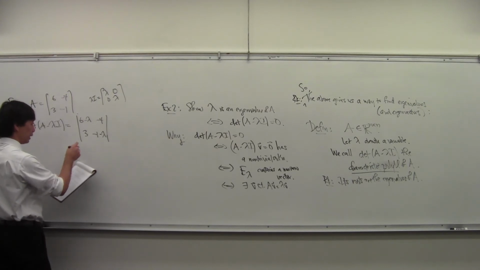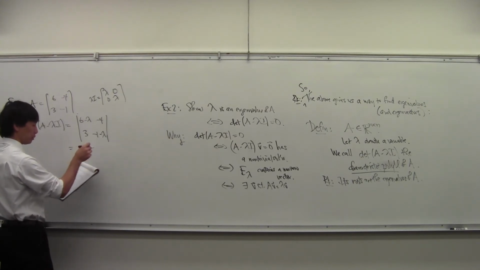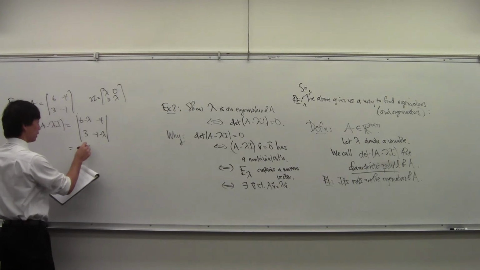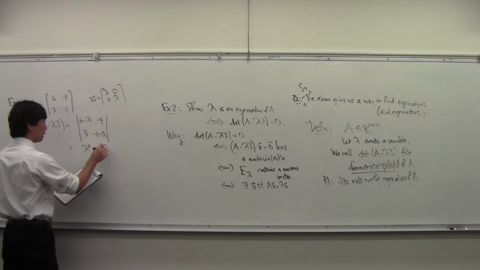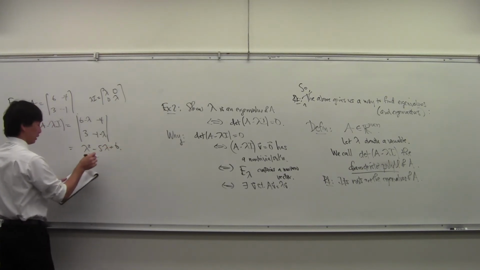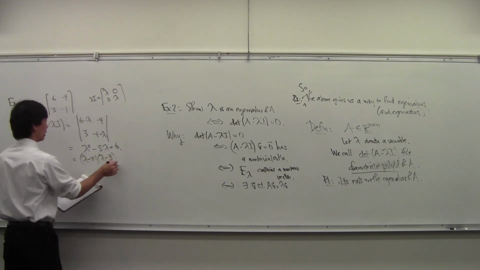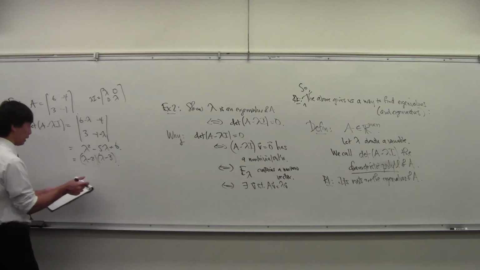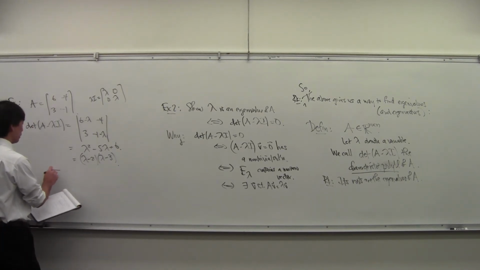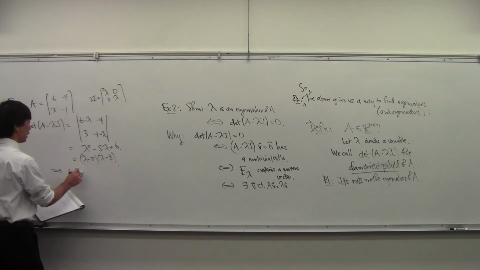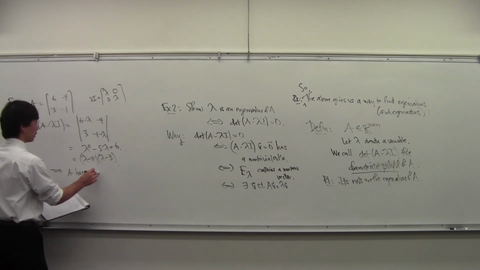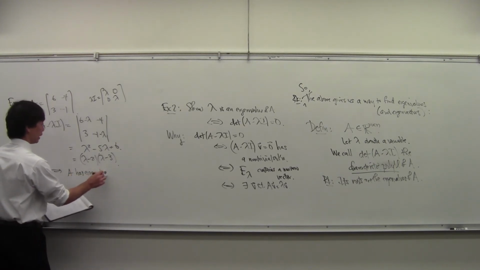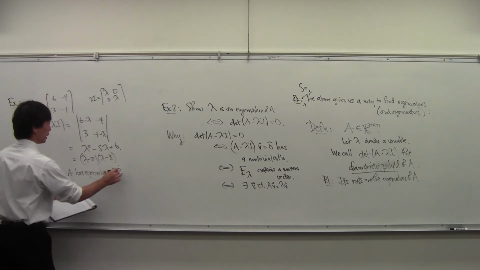It turns out to be, if you work it out, lambda squared minus 5 lambda plus 6. And so you get (lambda minus 2)(lambda minus 3) as the characteristic polynomial. And so we know that A has eigenvalues 2 and 3.